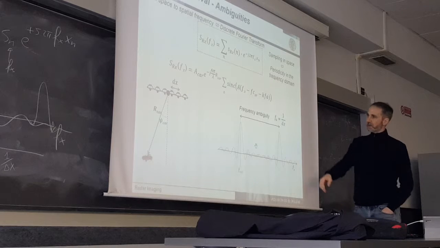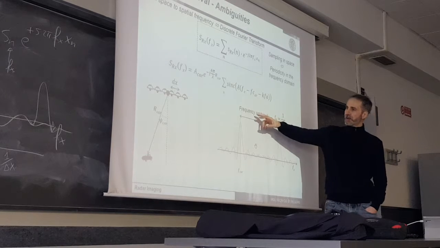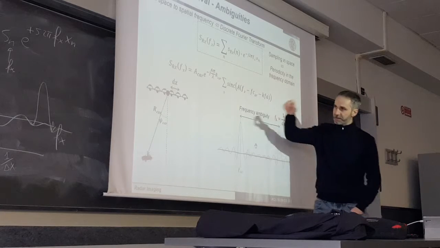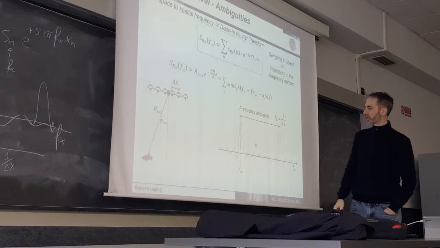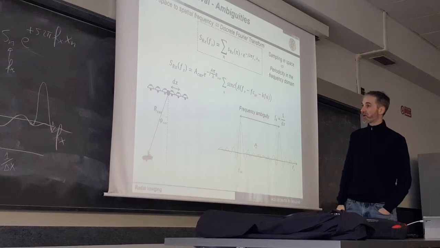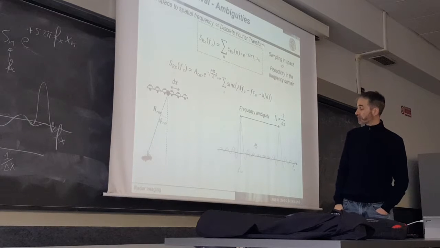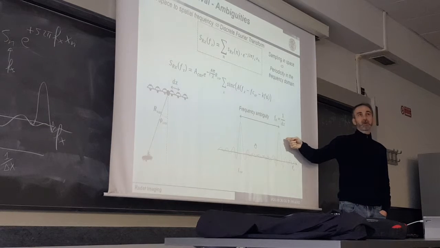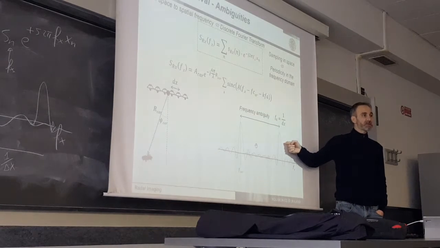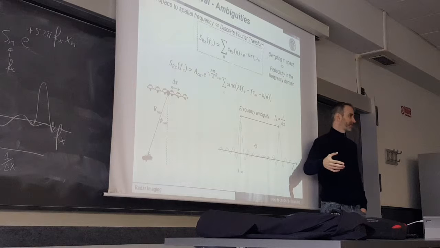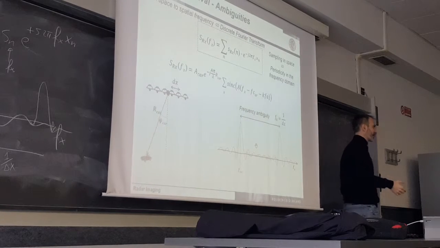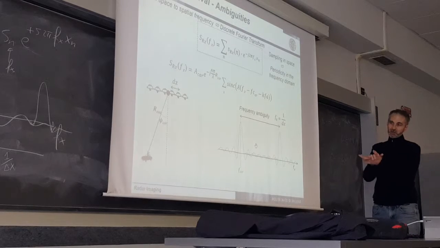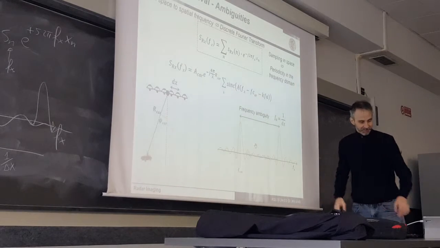Of course, take care, because you have ambiguities at 1 divided by the spacing between different elements of the array. These, in the radar jargon, are called either ambiguities or ghosts, because they appear as real targets, but they do not exist.